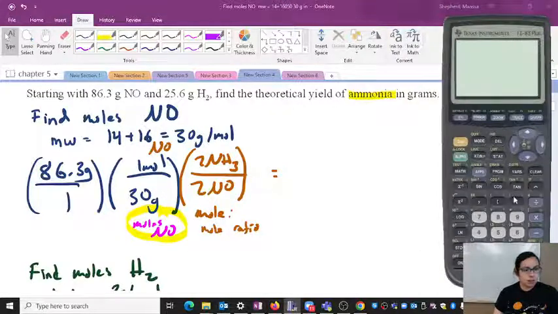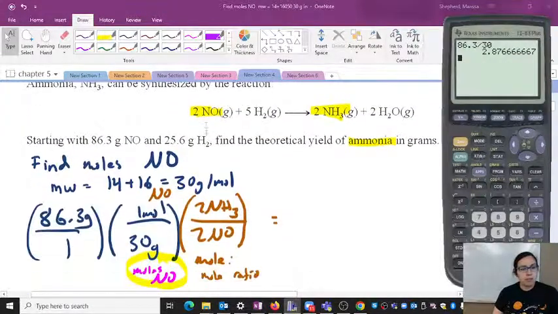And so let's go ahead and plug that in. So 86.3 grams divided by our molecular weight. Again, that gives us moles of NO. Now we go back to our balanced equation. If you have 2 moles of NO, you get 2 moles of ammonia.